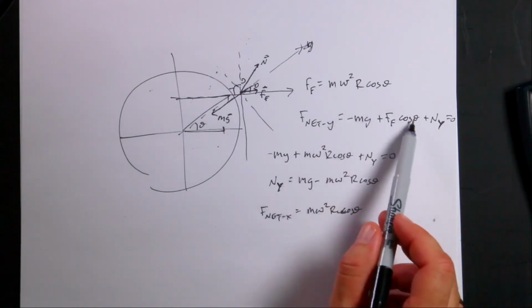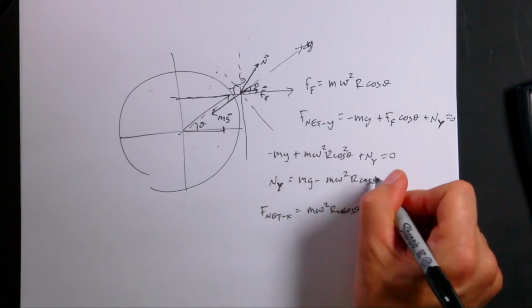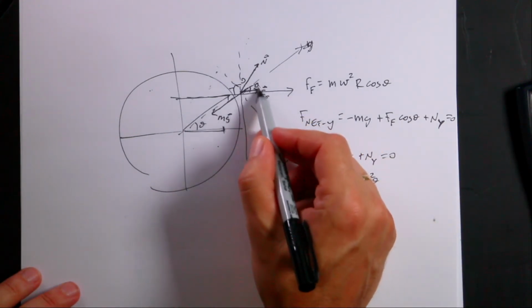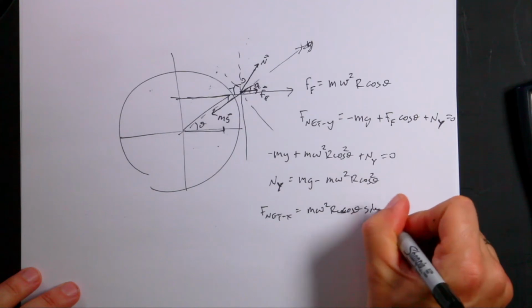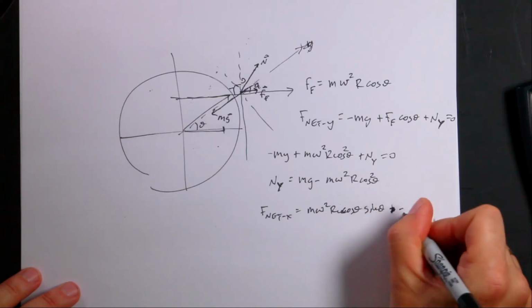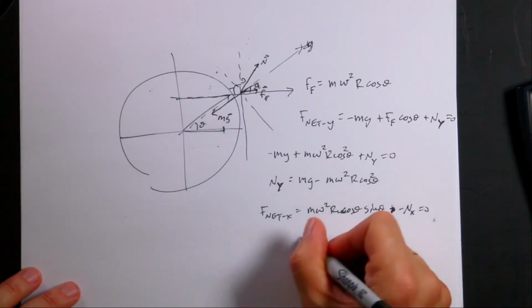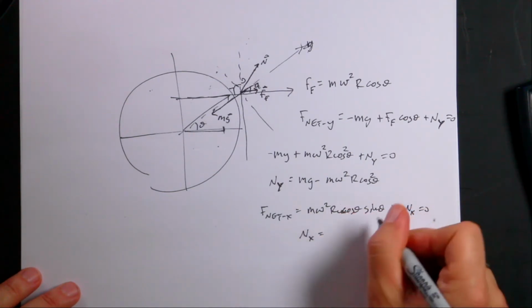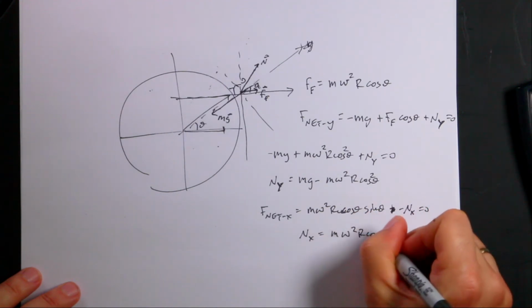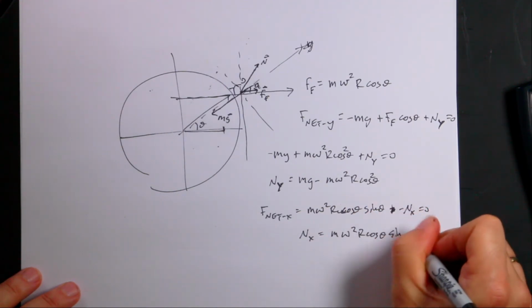I had a cosine theta, another cosine theta, so this is squared. Now I want the x component of that force, so I'm going to have a sine theta. And then minus nx equals 0. So nx is going to be all of that stuff: m omega squared r cosine theta sine theta.